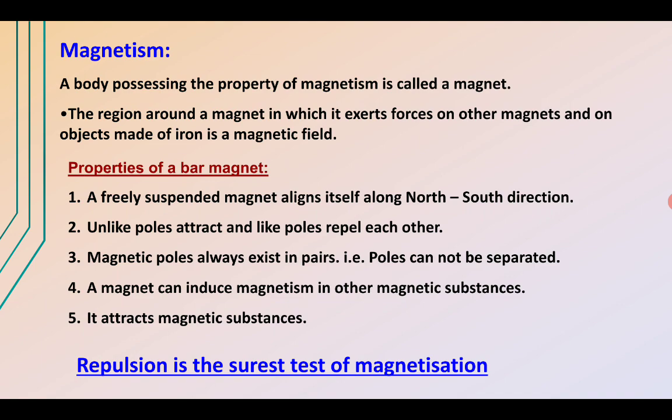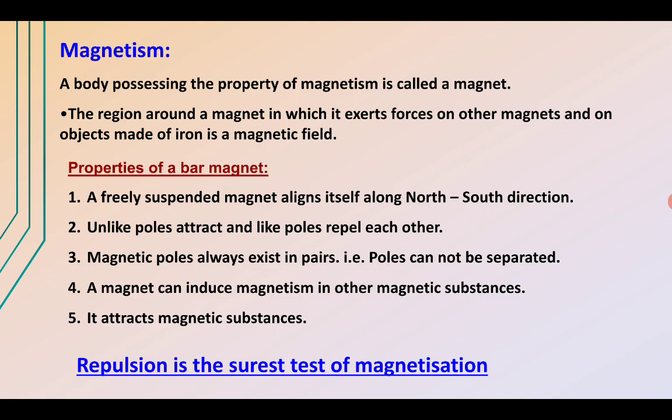We know that a magnet can attract another magnet, and it can also attract magnetic substances like iron, nickel, cobalt, etc. So how do we differentiate whether a magnet is attracting a magnet or some magnetic material? A magnet can repel another magnet only, and it will not repel any magnetic material. So repulsion is the surest test of magnetization.